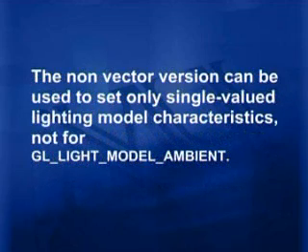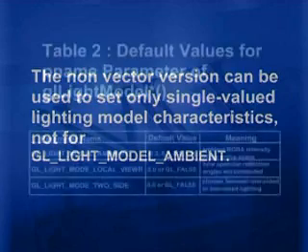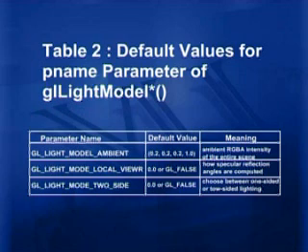The non-vector version can be used to set only single-valued lighting model characteristics, not for GL_LIGHT_MODEL_AMBIENT. Take a look at this table 2, which gives us the default values for the pname parameter of glLightModel. The GL_LIGHT_MODEL_AMBIENT, GL_LIGHT_MODEL_LOCAL_VIEWER, and GL_LIGHT_MODEL_TWO_SIDE values are given in this table.